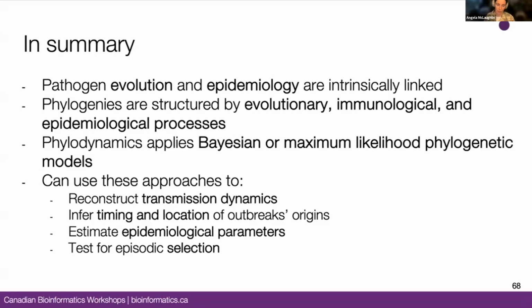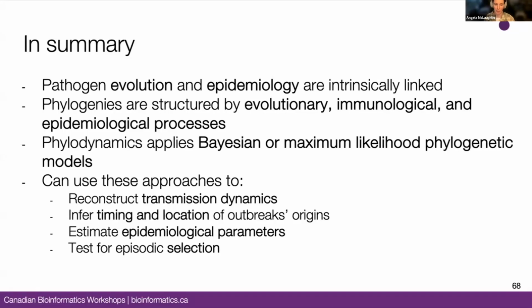To summarize, pathogen evolution and epidemiology are intrinsically linked. Phylogenies are structured by multiple processes, all of evolutionary, immunological, and epidemiological, and those leave an imprint on the tree. Phylodynamics applies either Bayesian or maximum likelihood phylogenetic models.